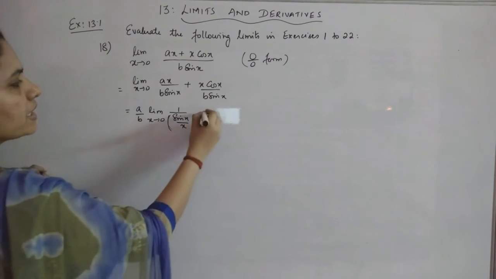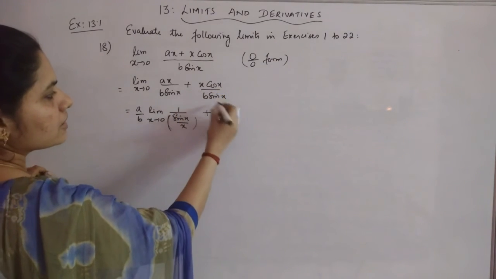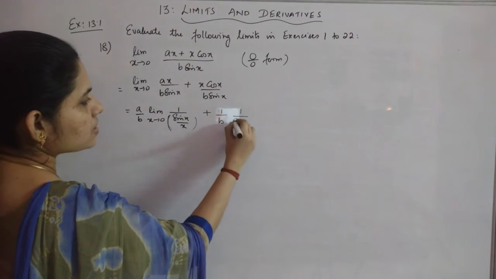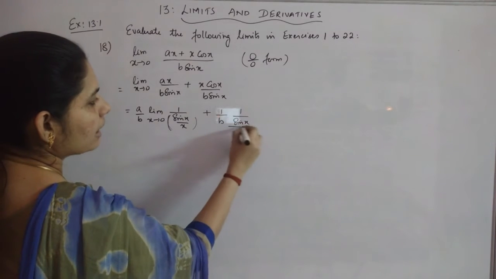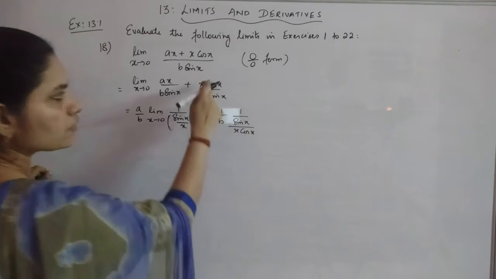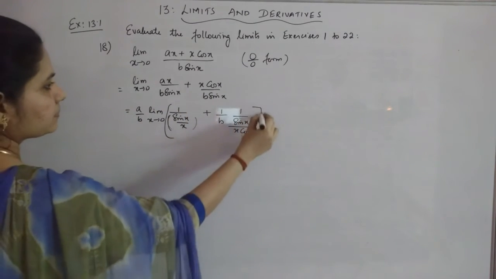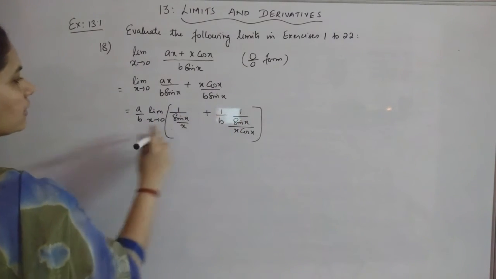That's why. Now plus, here you have 1 by b as a constant. This can again be written as 1 by sin x by x, times cos x. So this will give you the same thing.